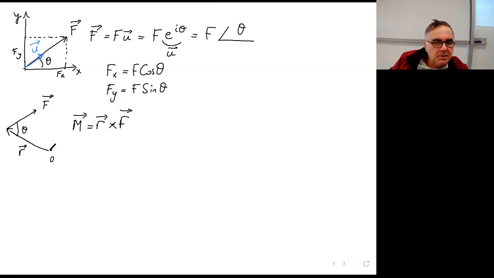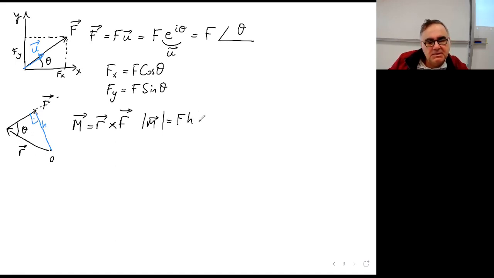It is the rotation effect of the force with respect to, well, about this point. And actually, let's say that if you have a perpendicular distance of h, the magnitude of the moment can be written as F times h.